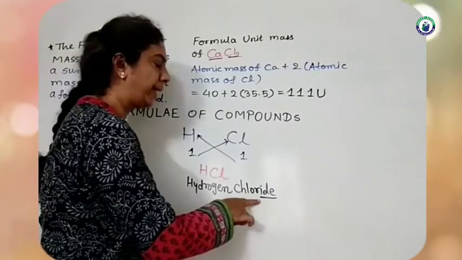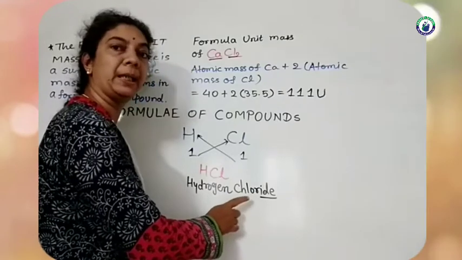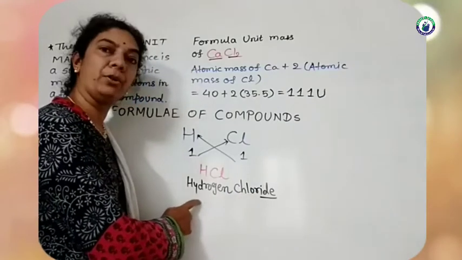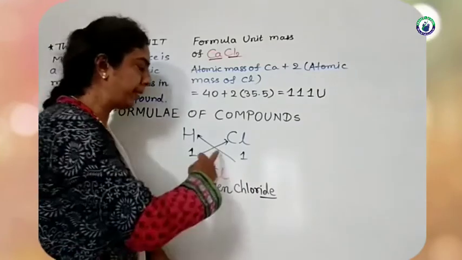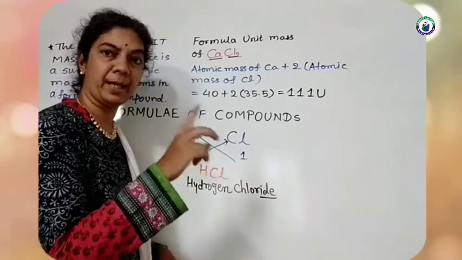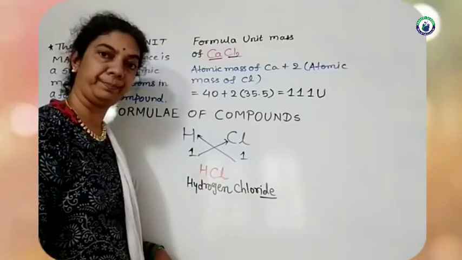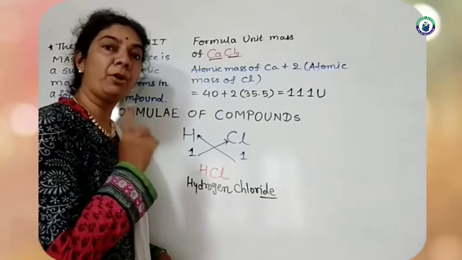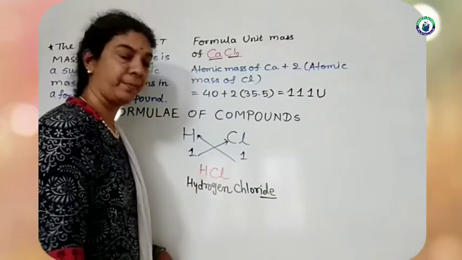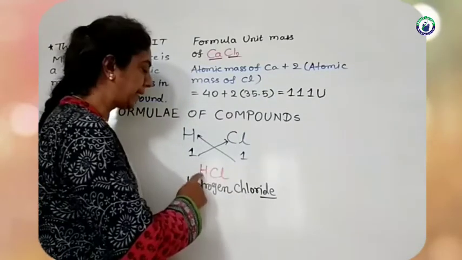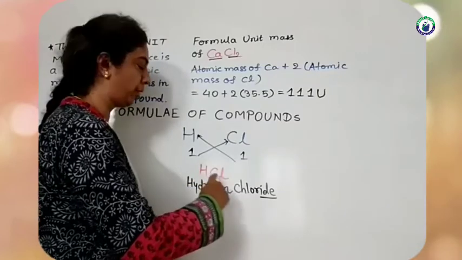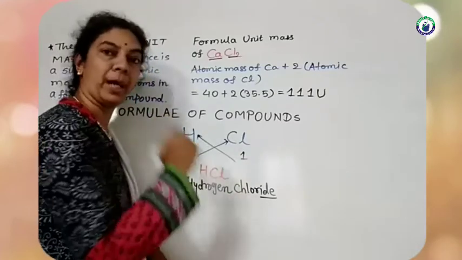This explains that this ion is negative and this ion is positive. Two elements are there, hydrogen and chlorine. The number of atoms of each element: one atom of hydrogen and one atom of chlorine.